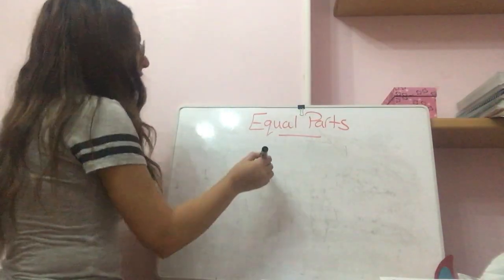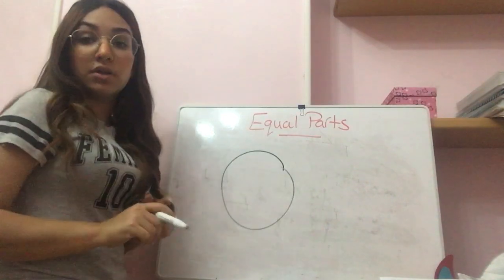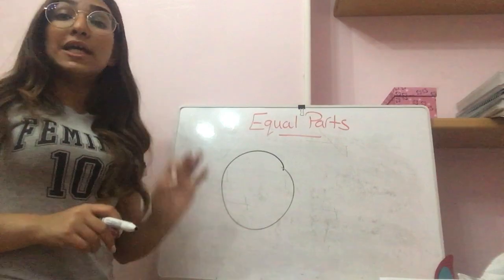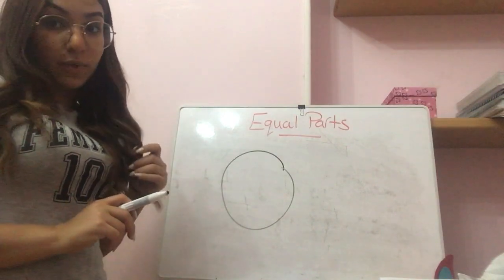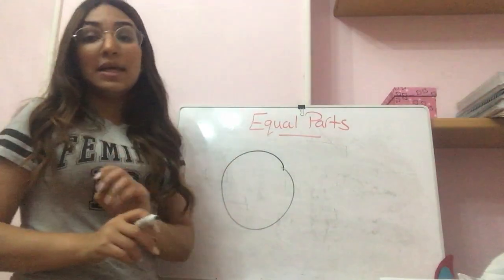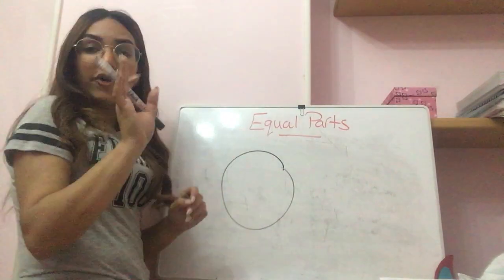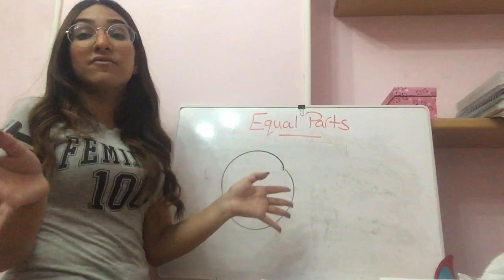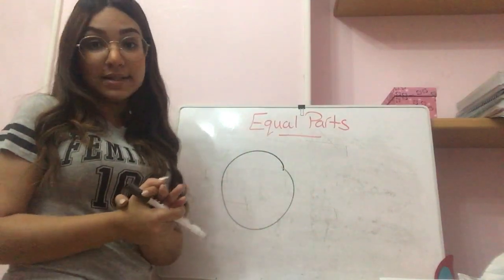Now, if I have this circle, and I ask you to show equal parts, and I label each question for you. For example, here I'm asking you to cut this circle into two halves. How are you going to do that?